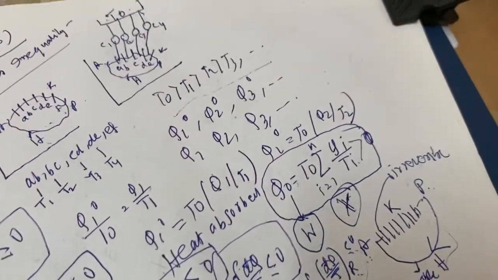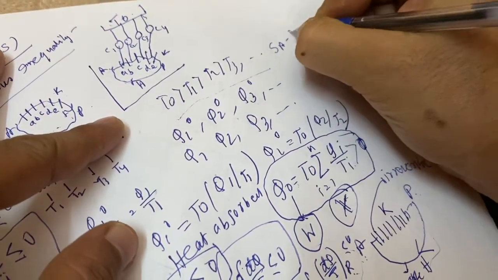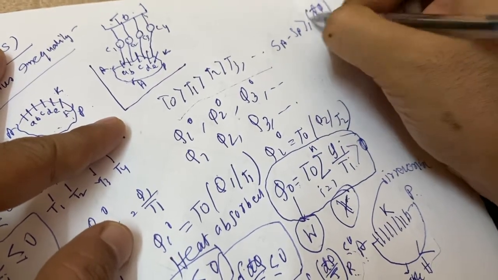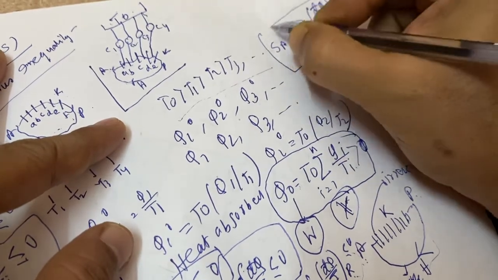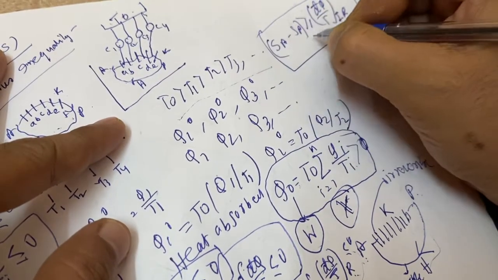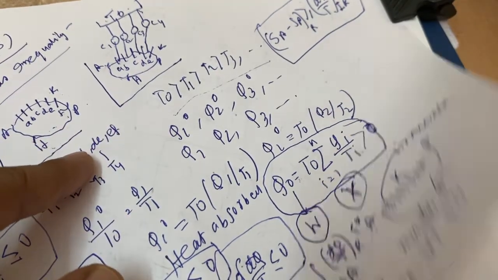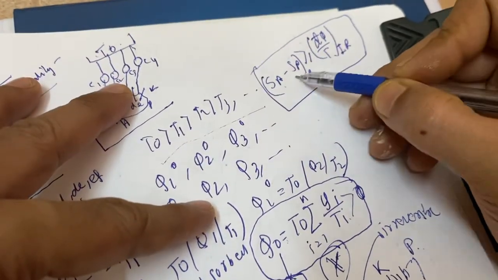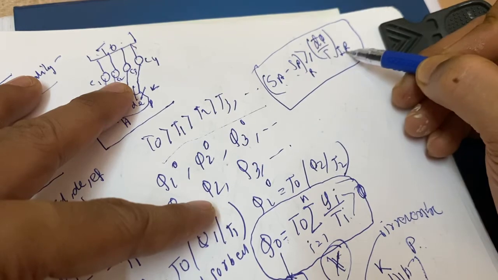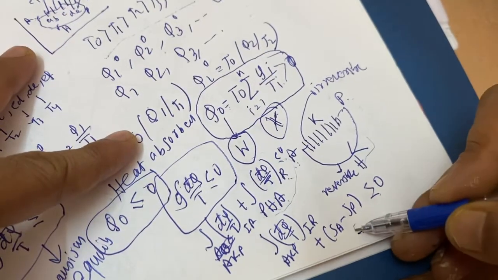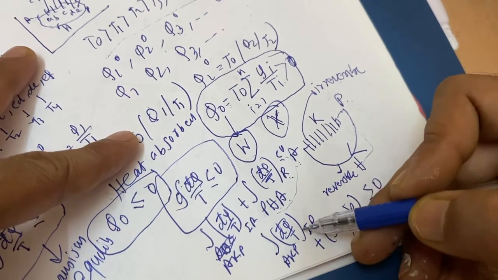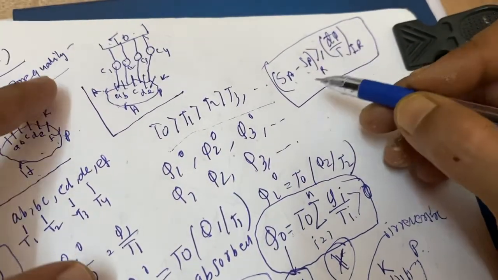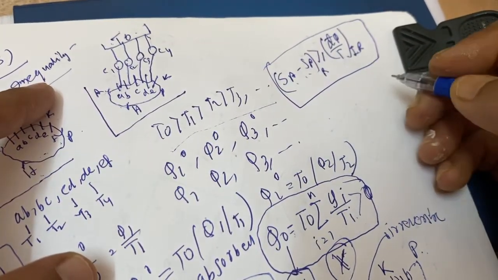So SA minus SP is greater than or equal to the integral of dQ by T for the irreversible path. From this, SA is greater than or equal to SP plus the integral of dQ by T for the irreversible process.